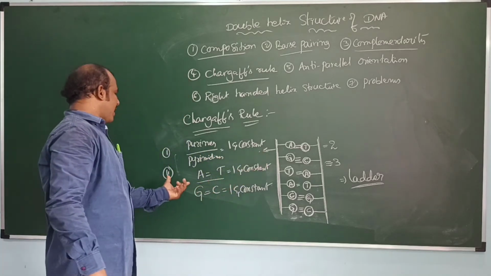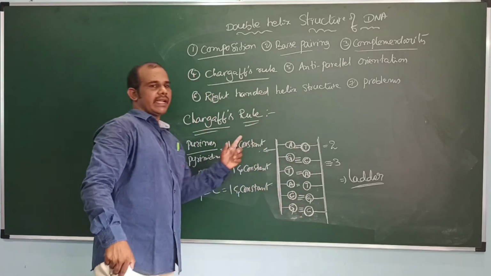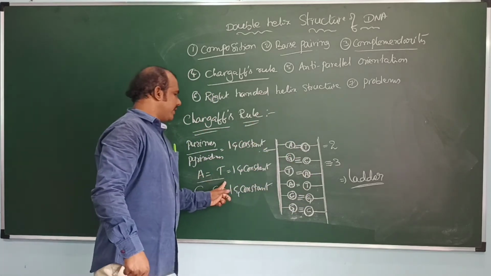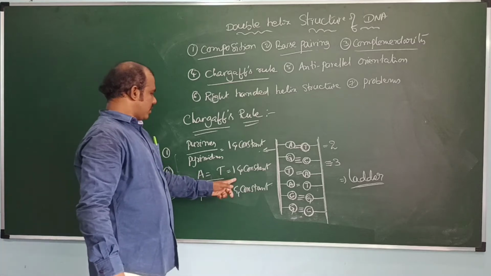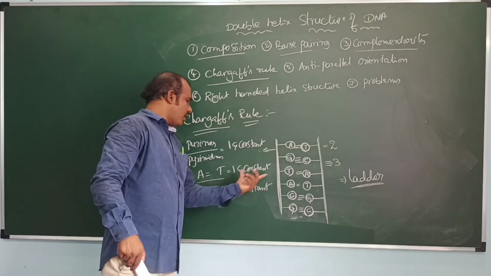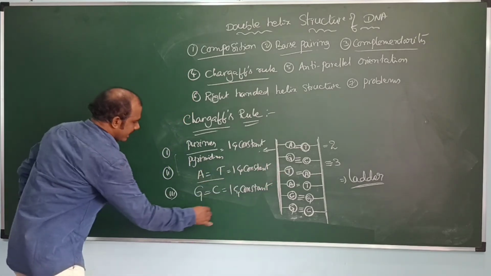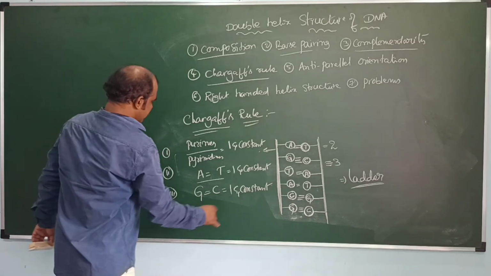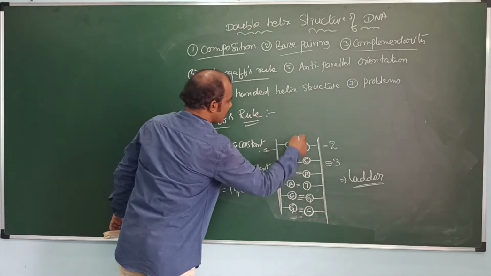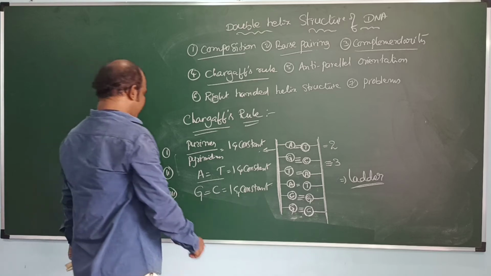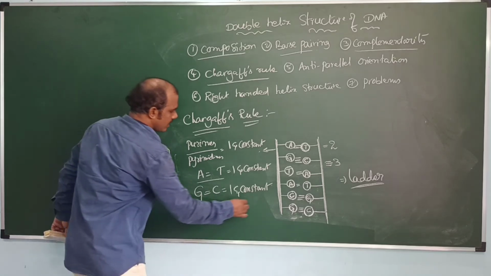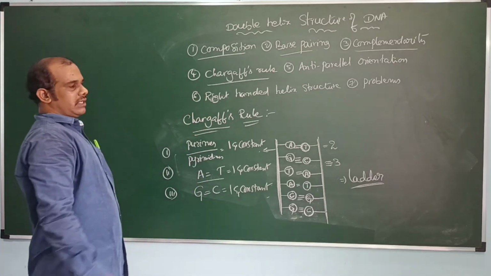The number of adenines equals thymines, so the ratio is also one and constant. Similarly, the number of guanines equals cytosines, so the ratio between them is also one and constant.